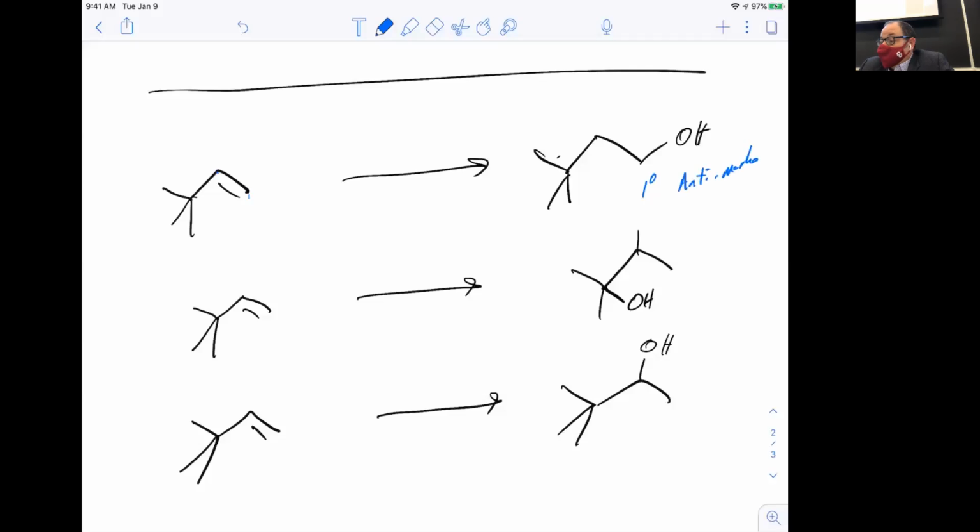Okay. In the second one, we've changed our carbon skeleton. Okay, so we've changed the carbon structure.